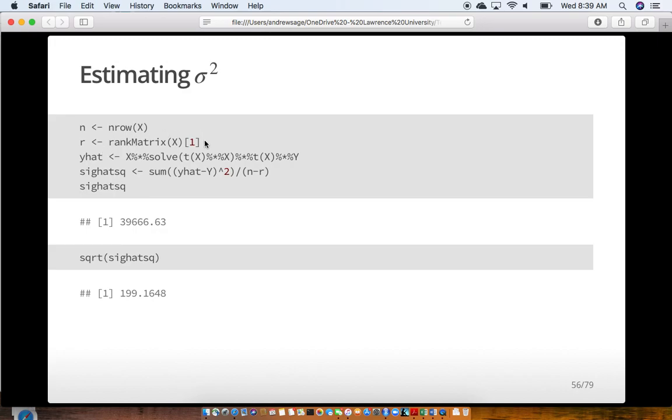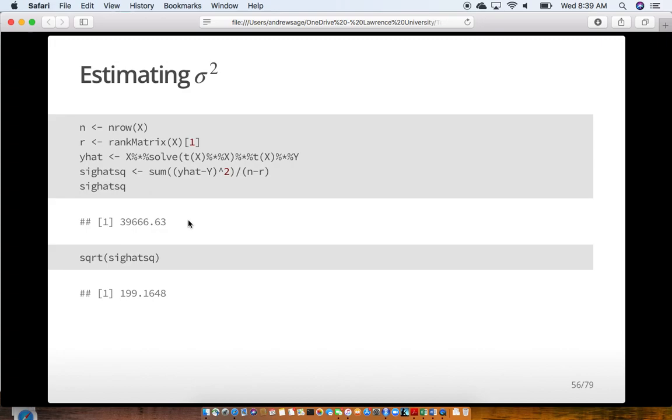We found the rank of the matrix and n, the number of rows in the matrix, or the number of observations. So we can calculate an estimate of the error variance by taking the sum of the squared differences between y and y hat, and then dividing that by n minus r, where r is the rank of the matrix. Notice in this case that would be 6 rather than 7.